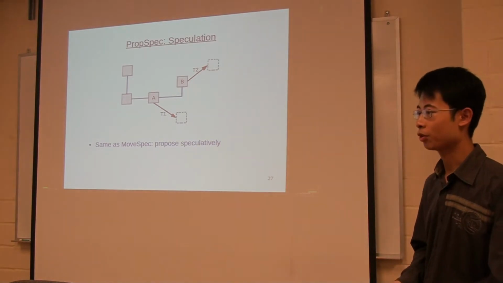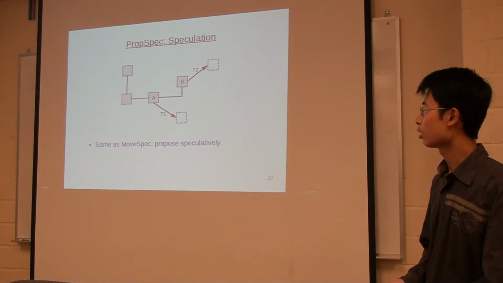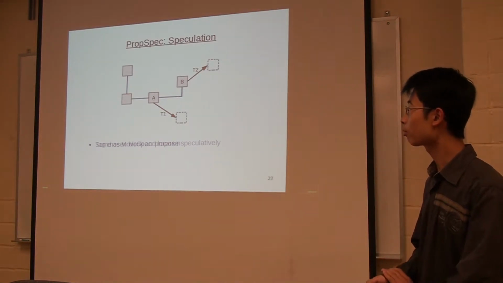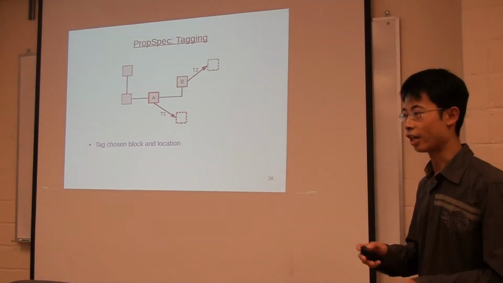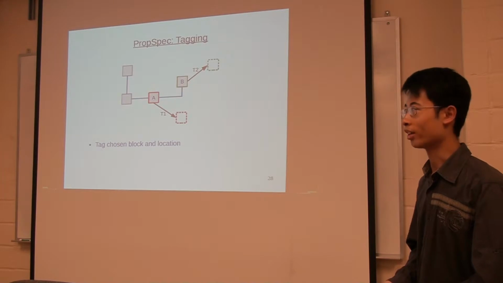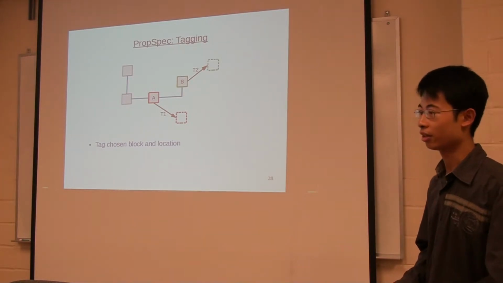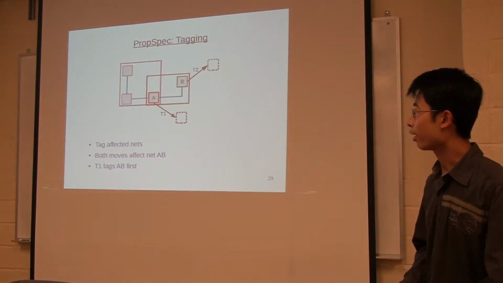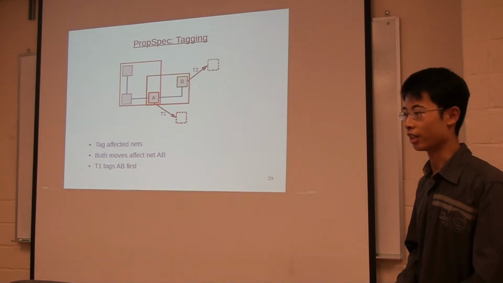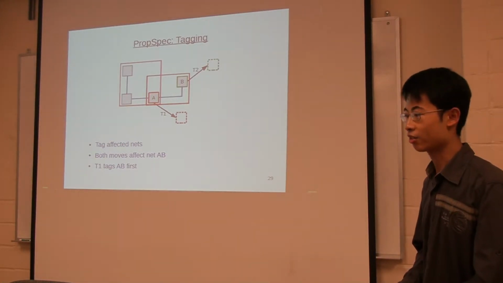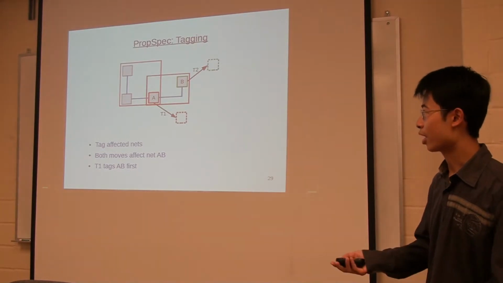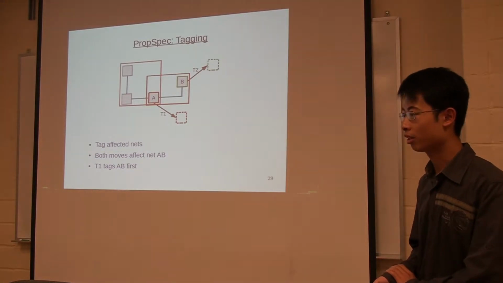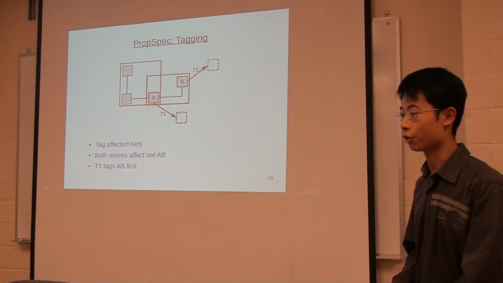So here again, the same example as before, but with a different algorithm. We start with threads 1 and 2, each choosing a block and proposing where to move them to. But instead of going ahead and moving the blocks, they first tag what they will affect. So in this case, it will be the block they're starting with and the location they want to go to. And because these blocks are connected to others via nets, the threads also have to tag those nets. And in this example, both of the threads will affect net AB, which is the connection between blocks A and B. And let's suppose thread 1 tags it first.